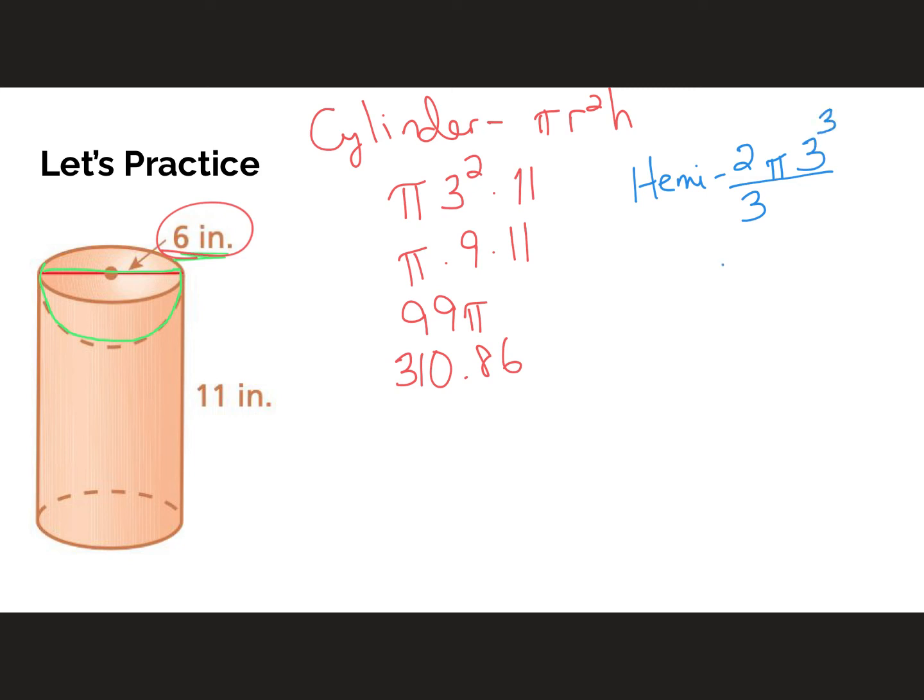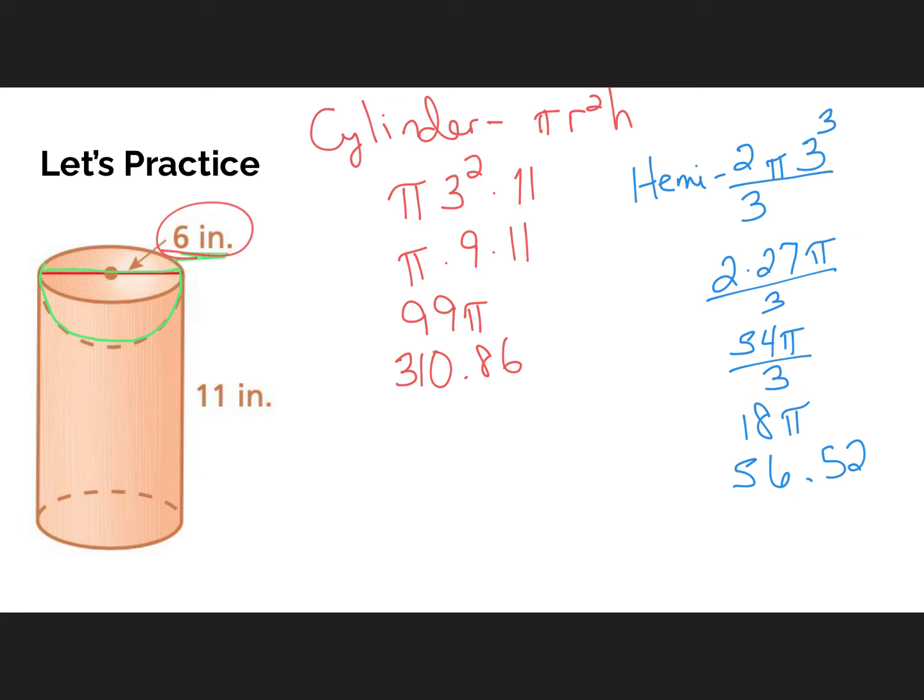So 2 times 27 times pi divided by 3. 2 times 27 is 54 pi divided by 3, which is 18 times pi. So 18 times 3.14 gives me 56.52. Now I'm going to subtract these because the sphere is not part of it.